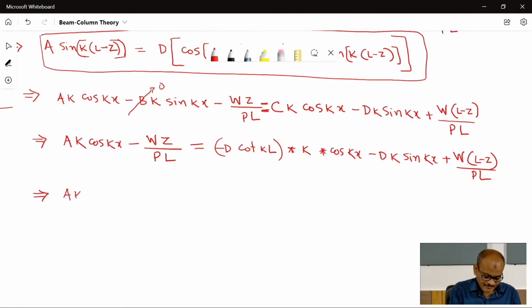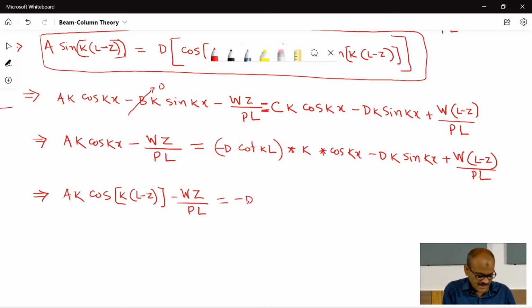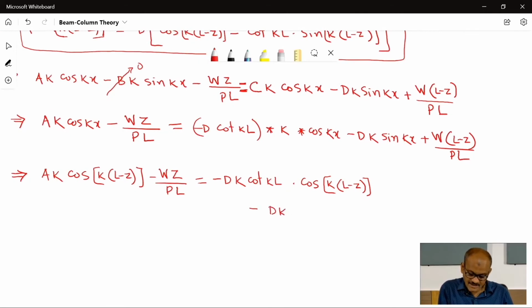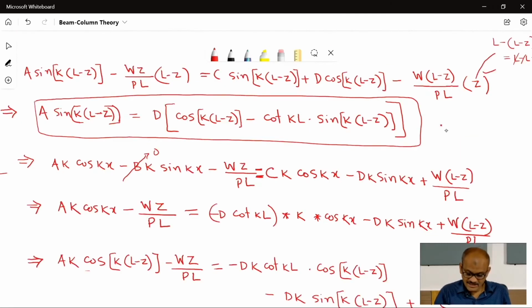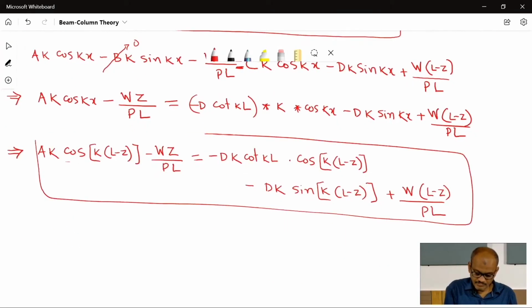This implies k cos k(L minus z) minus Wz divided by PL is equal to minus Dk cot kL plus cos k(L minus z) minus Dk into sin k(L minus z) plus W(L minus z) divided by PL. That is equation 1 and equation 2.